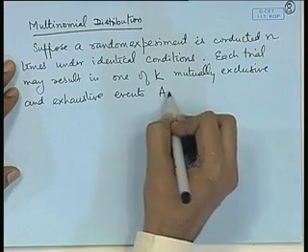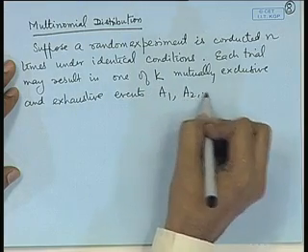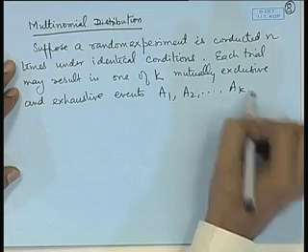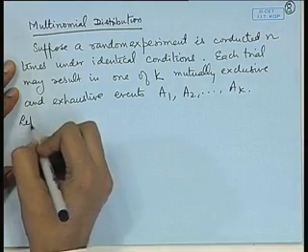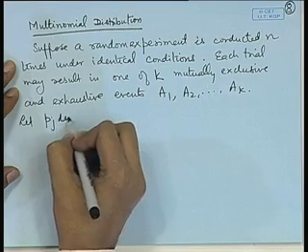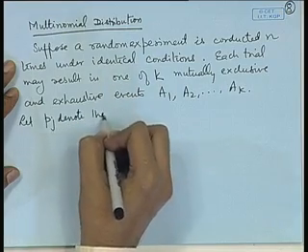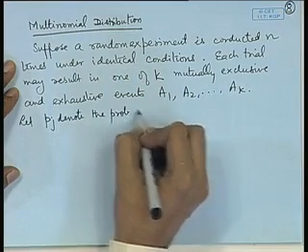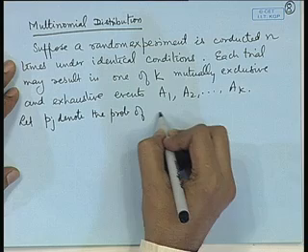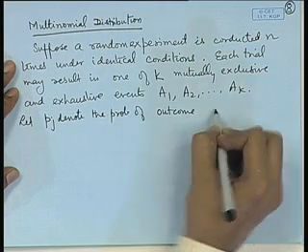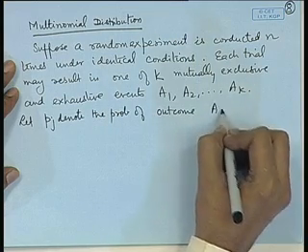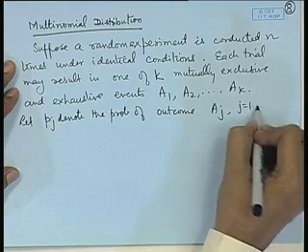Let us call them A1, A2, up to Ak. Let Pj denote the probability of outcome Aj for j equal to 1 to k.